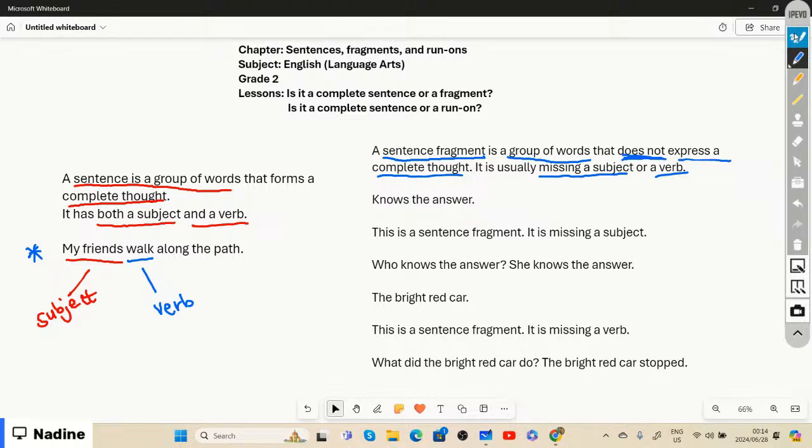It has a subject and it has a verb. But if a sentence is missing a subject, where they're not telling you who is doing the action, or it is missing a verb, where they're not telling us what the person is doing, then we call that a sentence fragment.